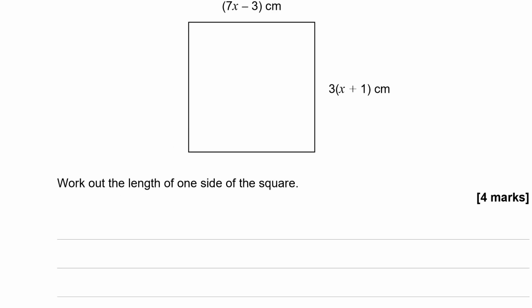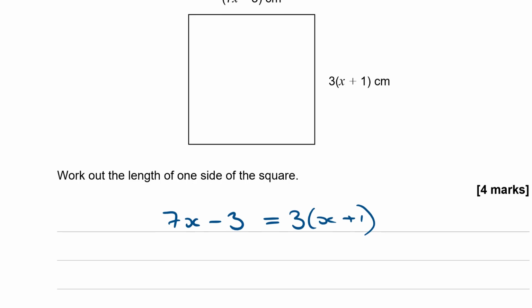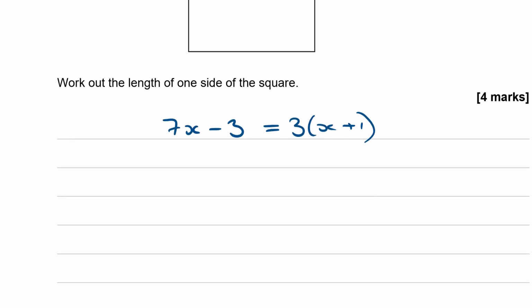So I can write down one side of my square, 6x minus 3, must be equal to the other side of the square, 3x plus 1. So actually all I need to do here really is solve for x. I've got a linear equation in x that I need to solve. So let's just remove the brackets on the right hand side first. So that gives me 3x plus 3 over there.